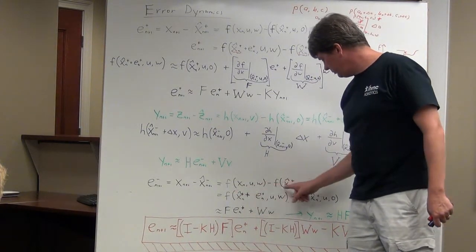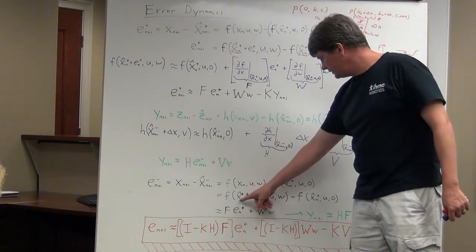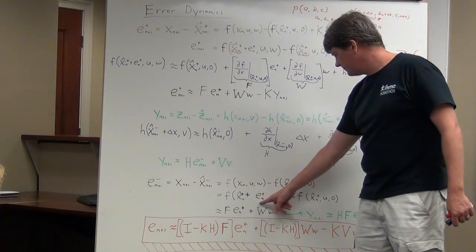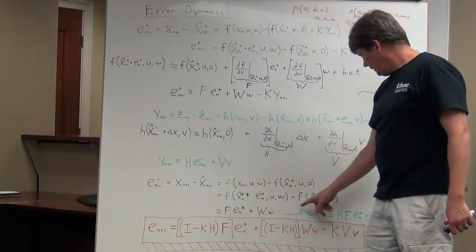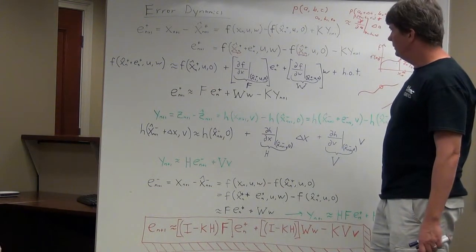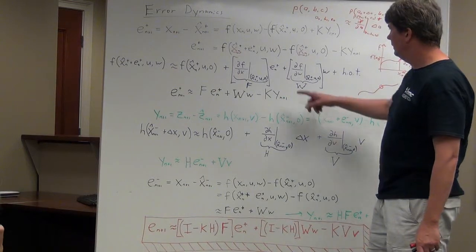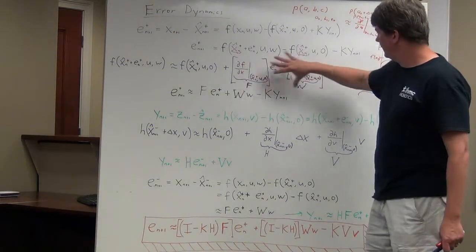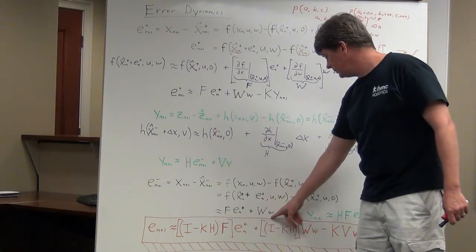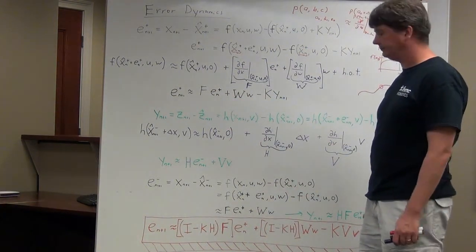And so same trick. We say x n is x hat n plus plus e n plus. It's exactly the same function, but then without the feedback, right? Exactly. Yep. So we're going to get the same F, which is approximately F times e n plus W times little w.